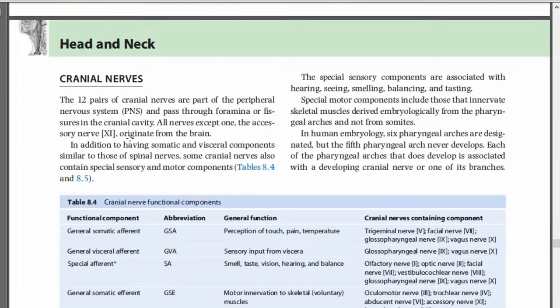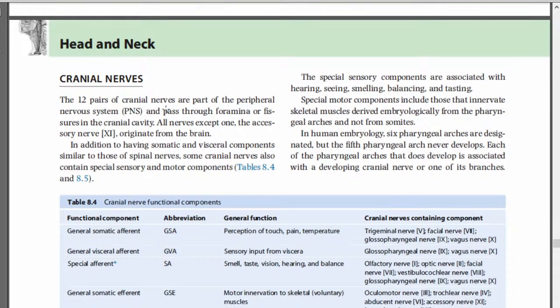The cerebrum being the most important part, controls various parts of the body. It gives us pairs of nerves, called cranial nerves, since the brain is present in the cranial cavity and the nerves come through it. So there are 12 pairs of cranial nerves.